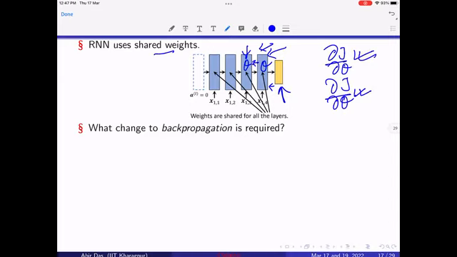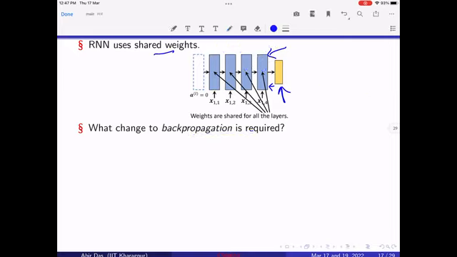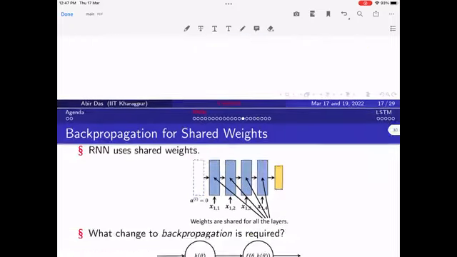Ultimately, what will remain is the del J del theta that you compute for the first layer. So that is not right. You are not using these layers to compute the del J del theta, because the thetas are shared. This causes a problem, so we need to change this backpropagation algorithm a little bit, and this change is not much, as you will see.